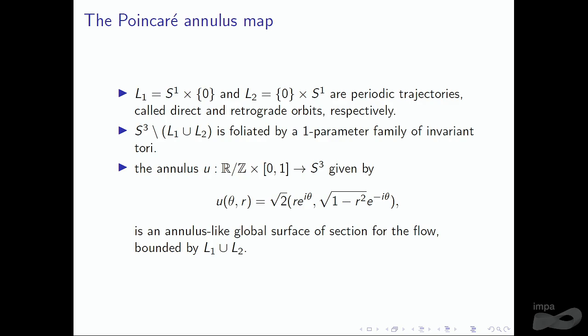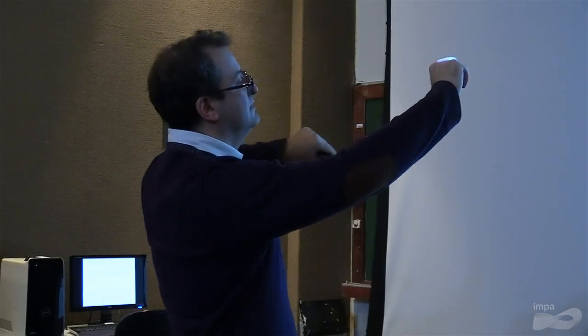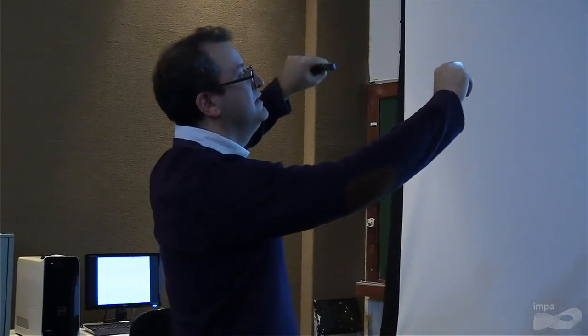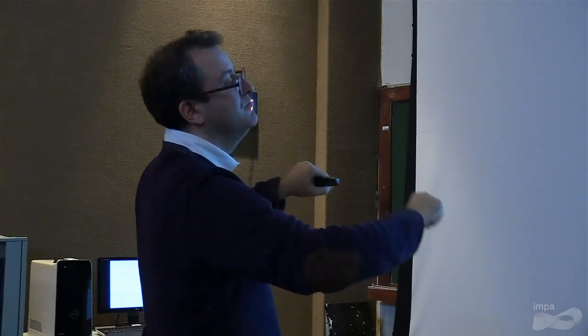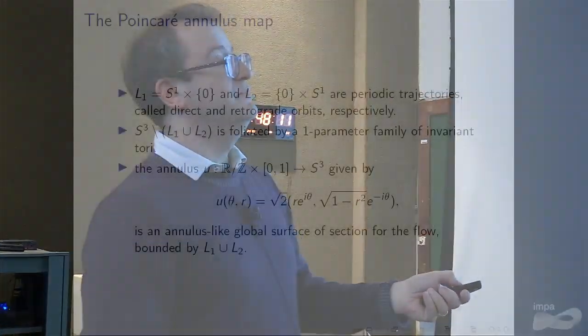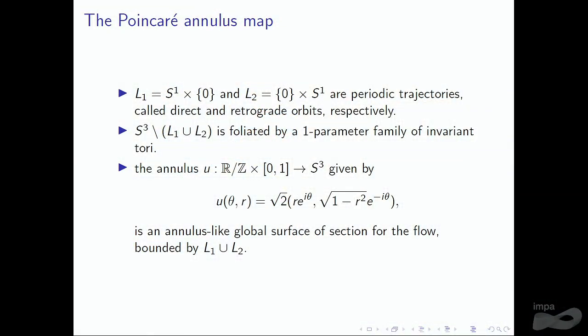So we have this sign here, which means that when you move theta, let's say positively, in the first factor it moves positively, but in the second factor it moves in the opposite direction. So it's not so difficult to see that this will really be an Annulus-like global surface of section.